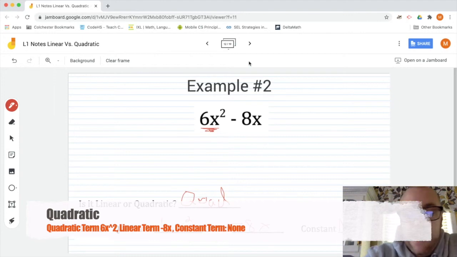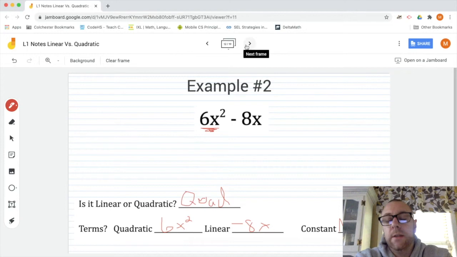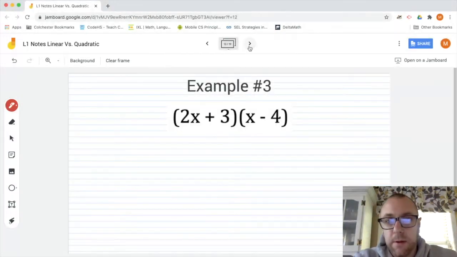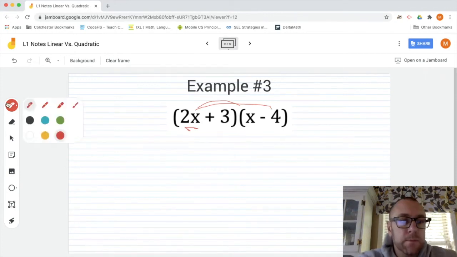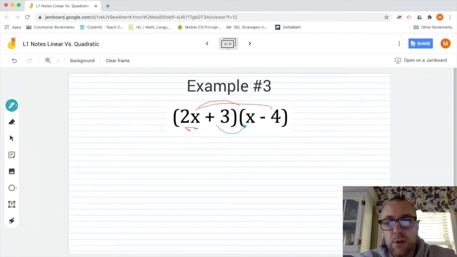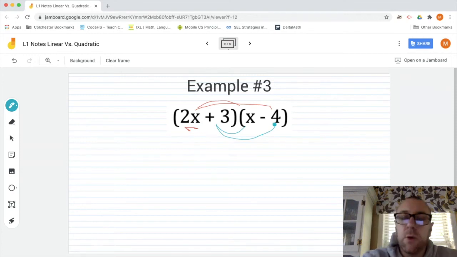The next step is distributive property, but it's a special distributive property. Some people will know this as FOIL. Basically, you have to distribute this 2x to both of these numbers here. It's called first outside. And then you have to also distribute this 3 to both of them.